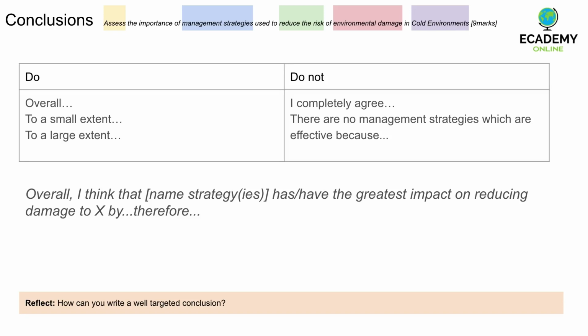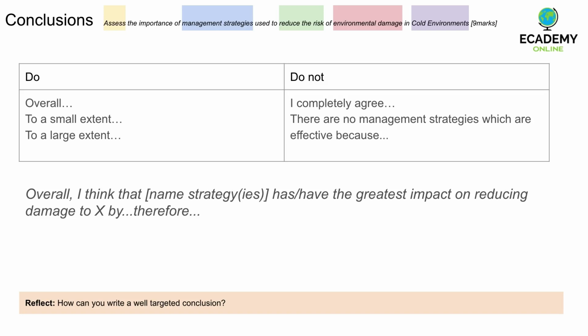Remember, for 9 mark questions, do start your final paragraph with overall, or to a large extent, or to a small extent, and then talk about the strategy that you want to talk about. Don't just completely agree or disagree with the statement, and don't start a sentence with there are no management strategies which are effective.